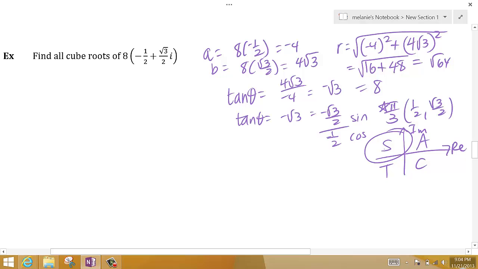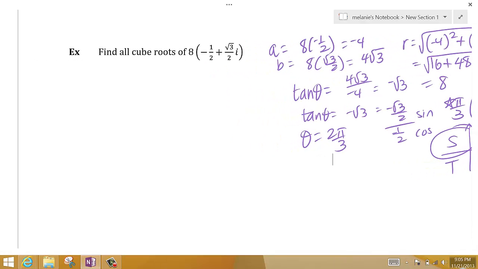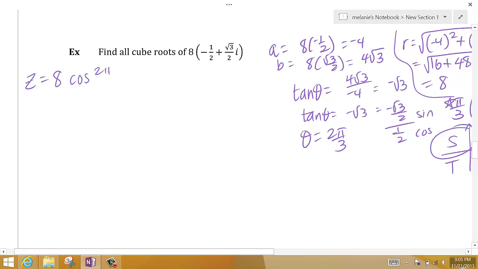I know I'm going to use 2 pi over 3. So let's rewrite z in terms of its trigonometric form. z equals 8 cosine 2 pi over 3 plus i sine 2 pi over 3.